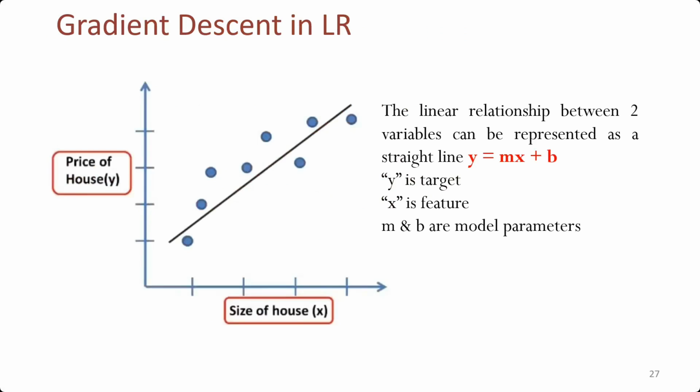In the linear regression model, we have seen that the size of the house basically decides the price of the house. That means the y variable here is the price of the house. The linear relationship between the two variables can be represented as y = mx + b. Here y is the target, x is the feature, and m and b are the model parameters.